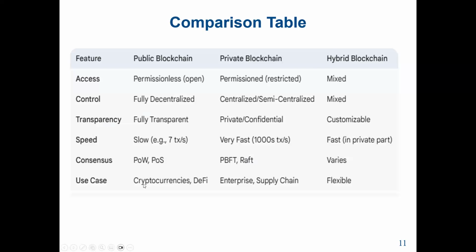The use case, again, is cryptocurrency for public blockchain, enterprise supply chain for private. Hybrid is flexible. So that's the comparison: access, control, transparency, speed, consensus, and also use cases for the three major models of the blockchain. Again, public, private, and hybrid.